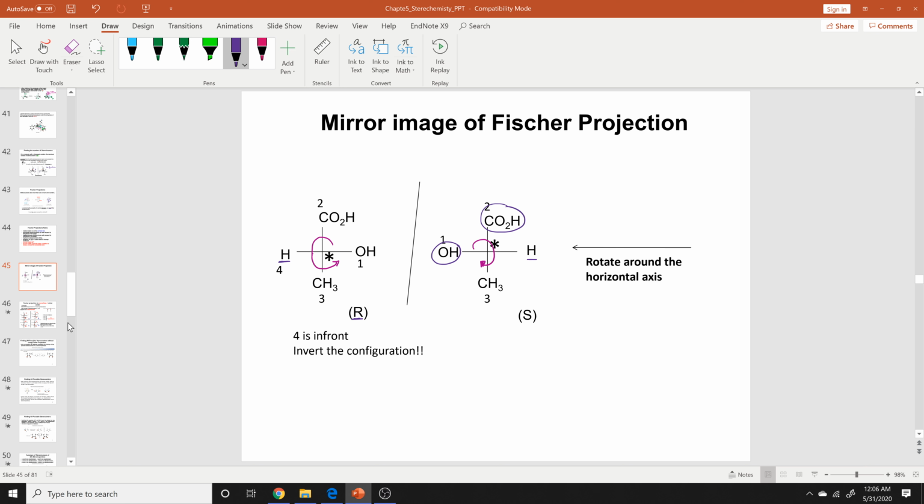Pay attention to that. You change the molecule. But if you rotate 180 degrees, here in this case, you end up getting the enantiomer. But if you swap, then you change the molecule in that case.